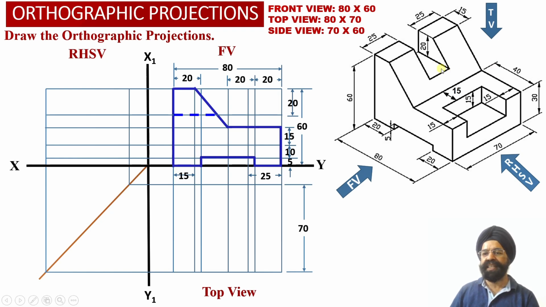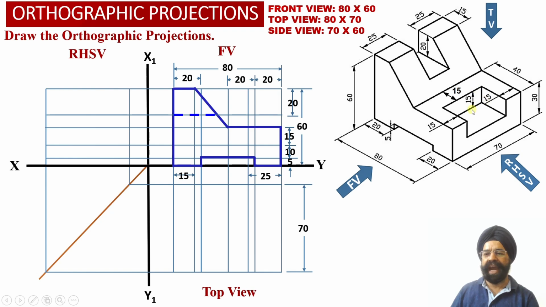And this is the horizontal surface which is lying at a distance of 20 millimeter from the top surface of the solid, but this horizontal surface is not visible to the observer from the front view orientation. So we are going to obtain a hidden line edge view projection corresponding to this horizontal surface in the element number 2 over here.